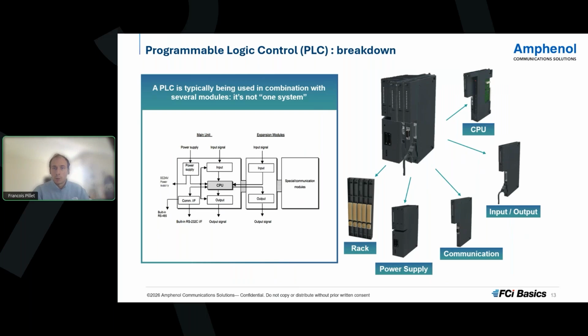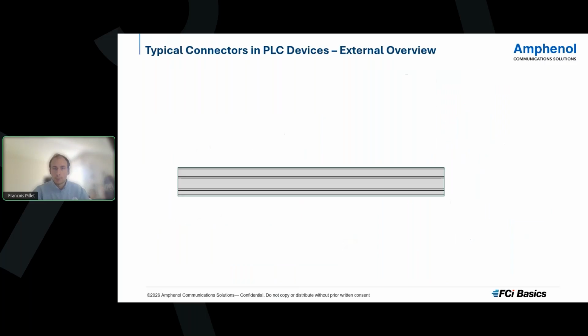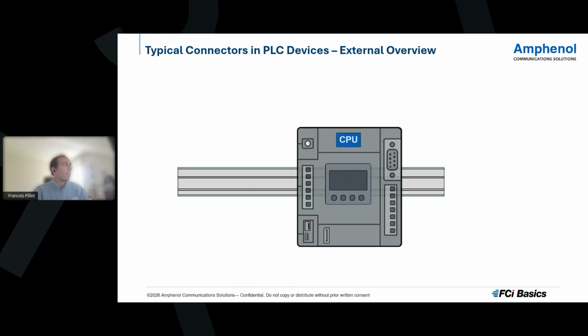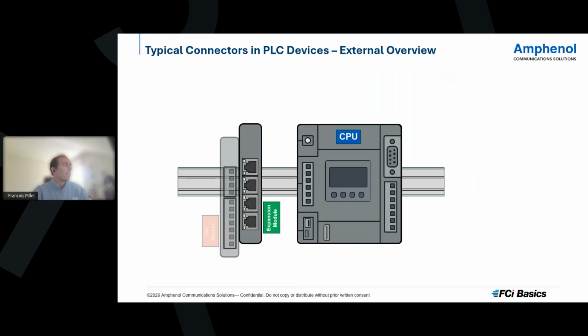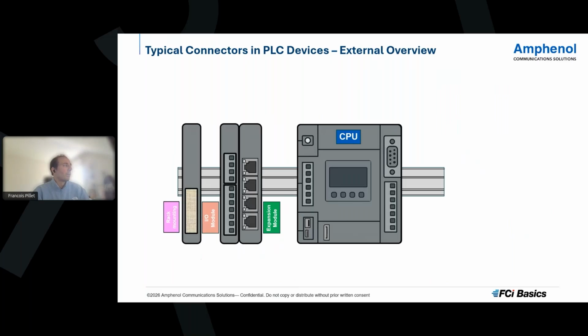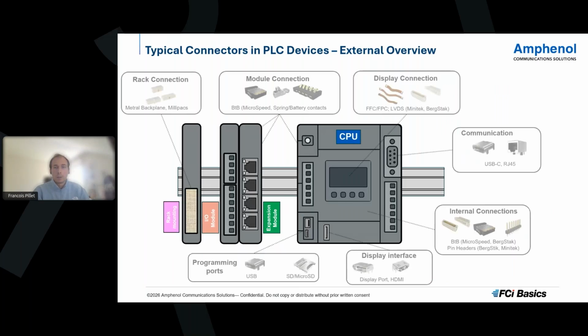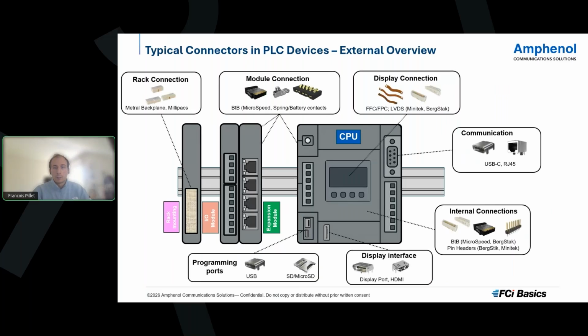Now, if we look at the external overview, we can see that each module comes with specific requirements in terms of connectivity along with common components. Here you can see some of the typical basic connectors that you can come across in a PLC environment from an external point of view.